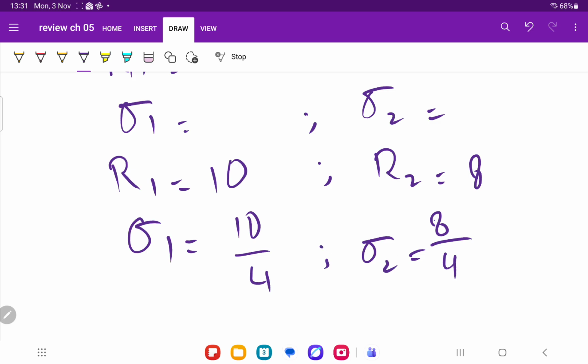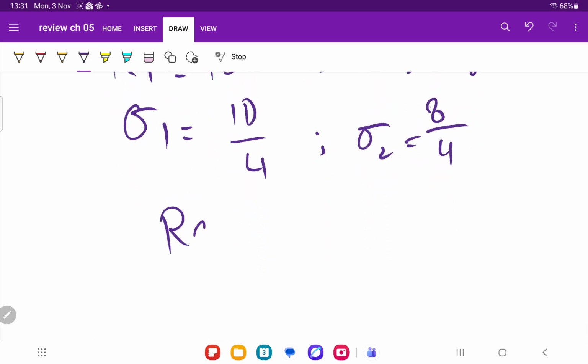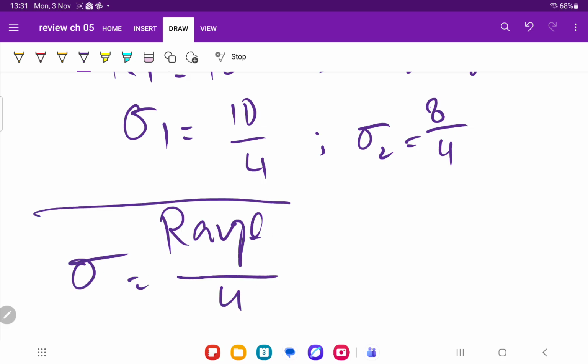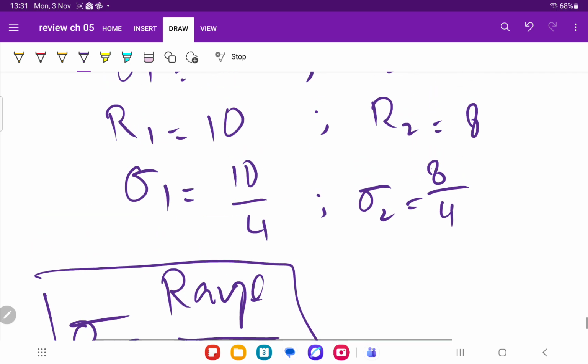So the formula is range divided by 4 is the sigma. Sigma 1 and sigma 2 indicate that this question relates to the mean type of problem, not the proportion related problem.